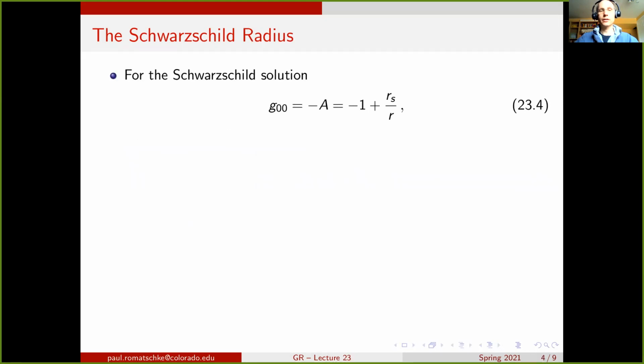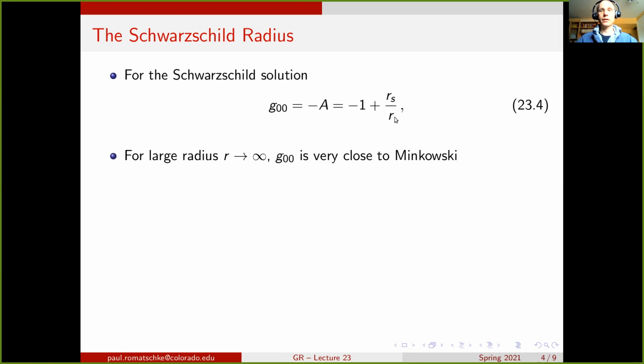To do this, note that the Schwarzschild solution for the function A is a solution for the 0,0 component of the metric tensor. So the 0,0 component of the metric tensor for the Schwarzschild solution is minus 1 plus rs over r.